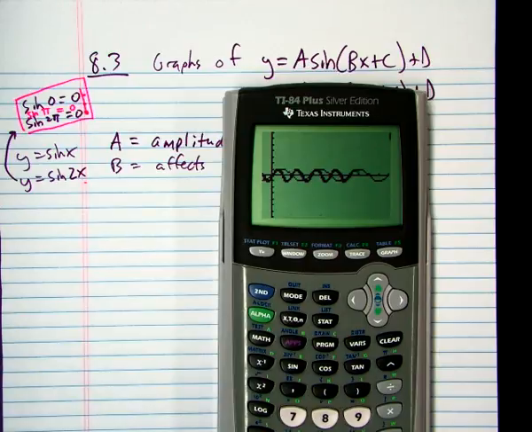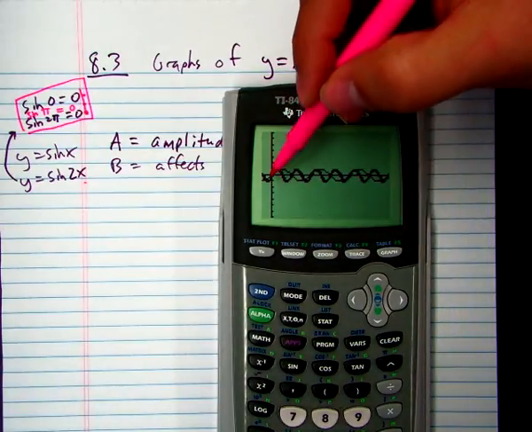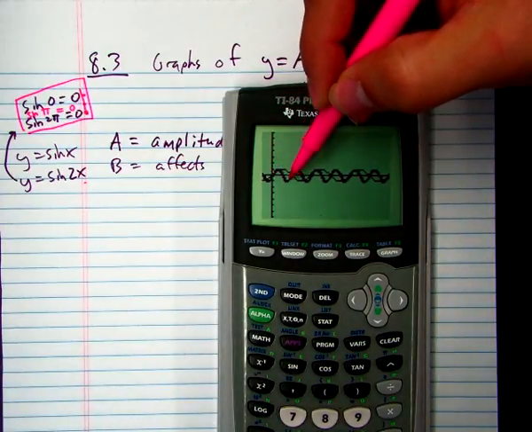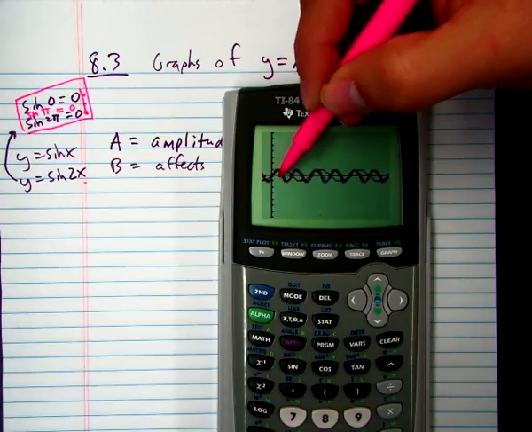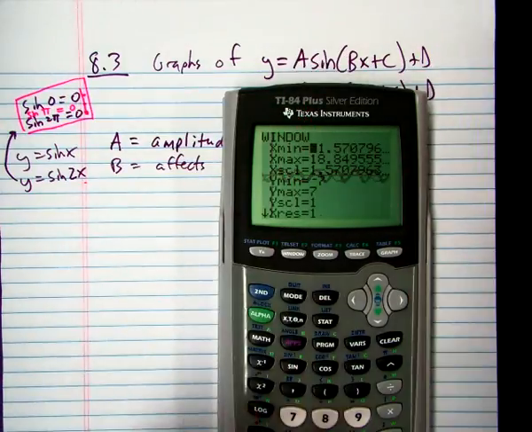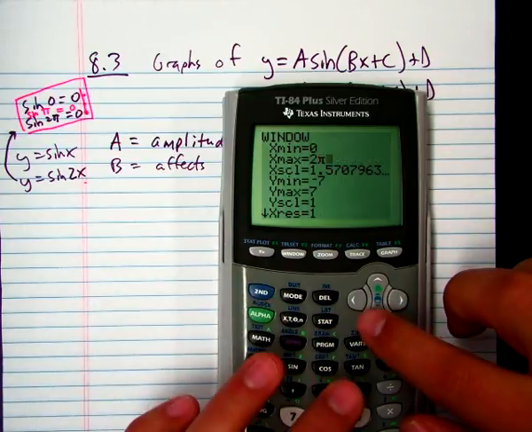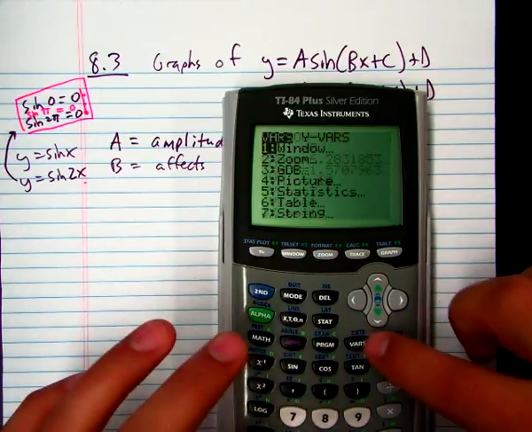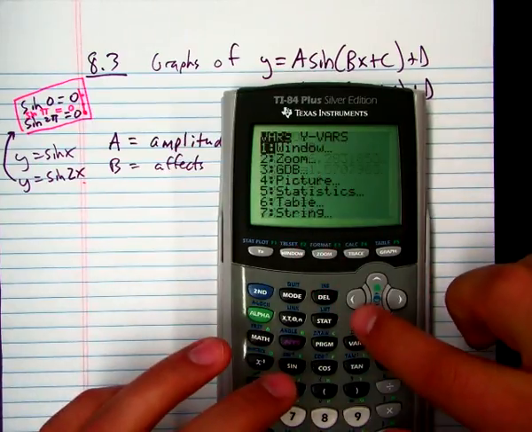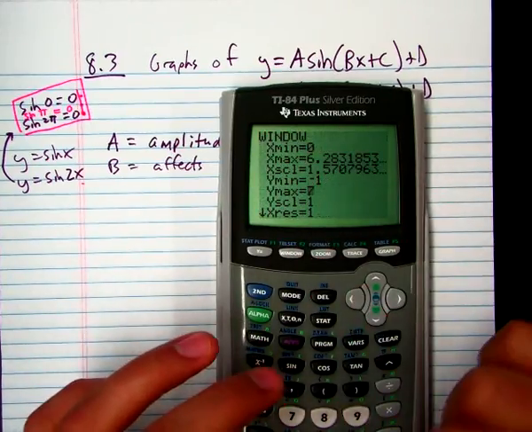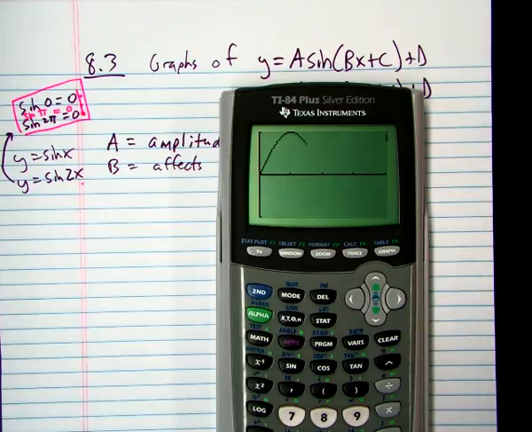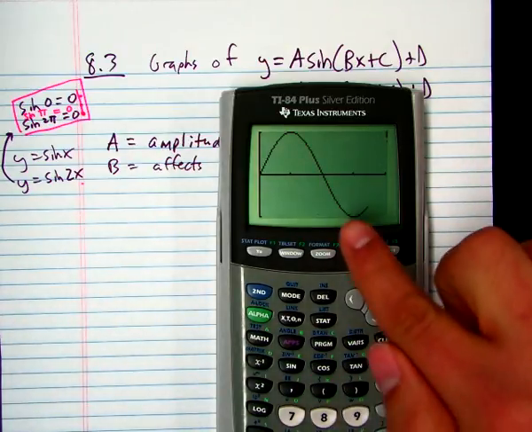And now you can see from here to here is one period, as opposed to here. Actually, let's make it even better. 0, 2 pi, negative 1, 1. So this is exactly the graph that we did yesterday. Here's the new graph.